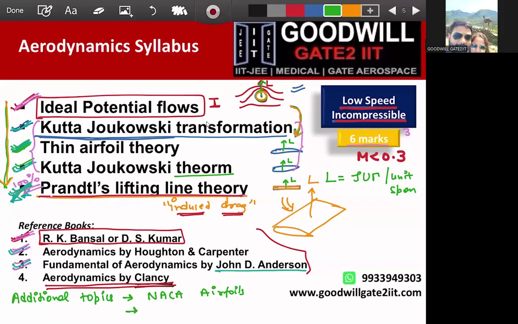Then you should definitely 100% understand about aerodynamic center and center of pressure. These two things I insist. And third, people say which are high lift devices. So again, if you're following any proper study material books, I have actually given in the study material books in the same format.